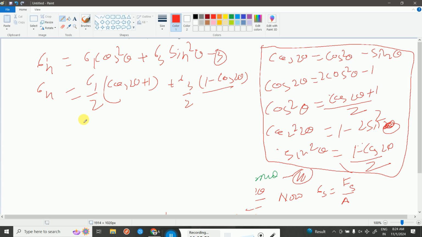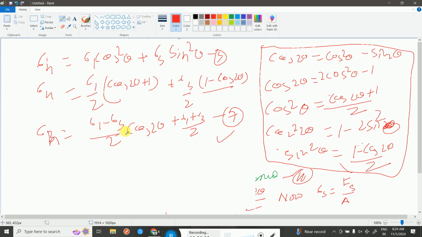Okay, now equation 6 becomes sigma n is equal to sigma 1 minus sigma 3 upon 2 cos 2 theta plus sigma 1 plus sigma 3 by 2. This is the equation number 7, because we have taken the common of this sigma 1 minus sigma 3.